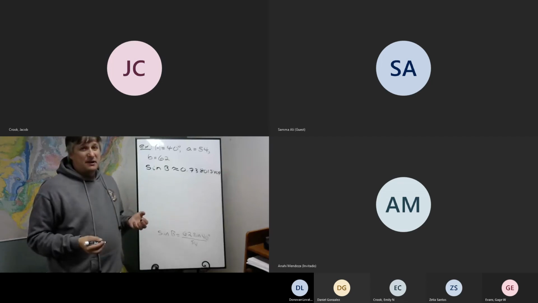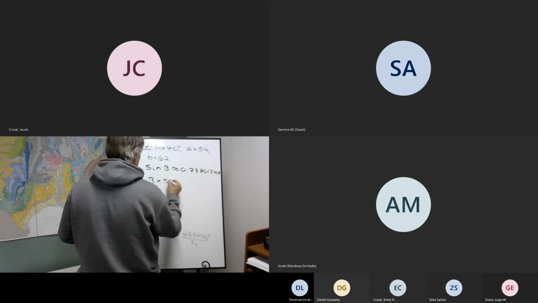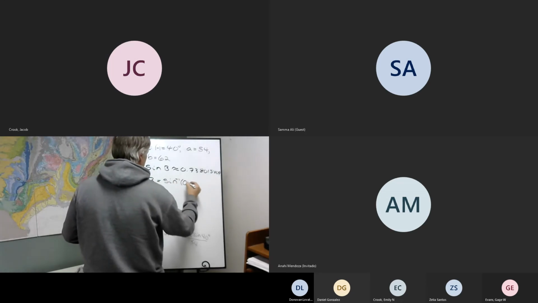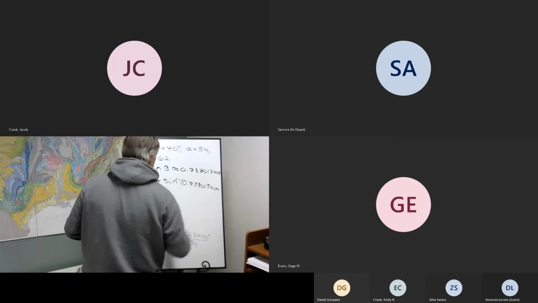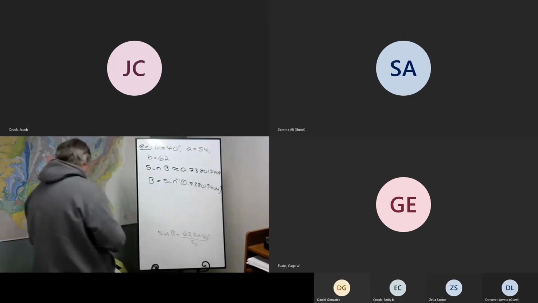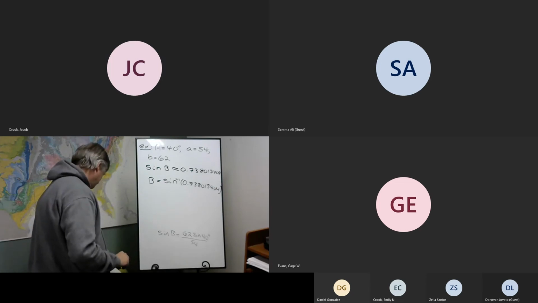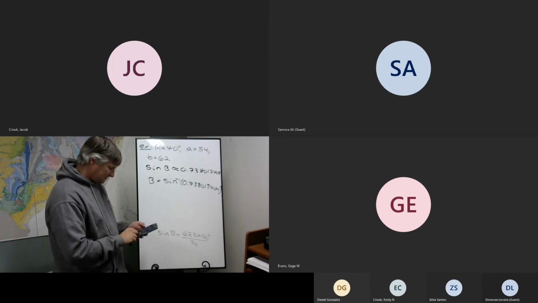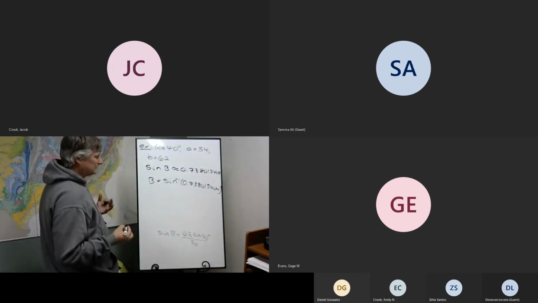Now we're going to take the sine inverse of this. And if we do that, double check my numbers there. They're rounding it to about 0.48.